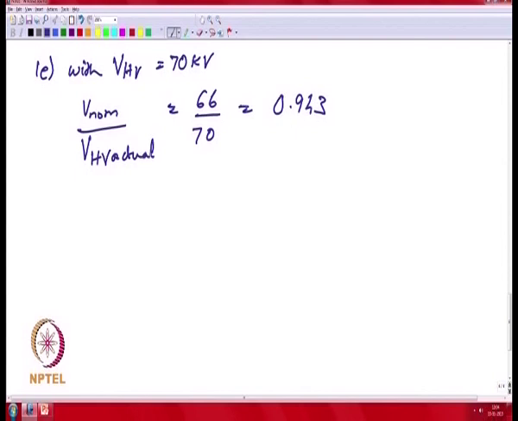So, because your actual voltage is now higher, your ratio turns out to be 0.94.